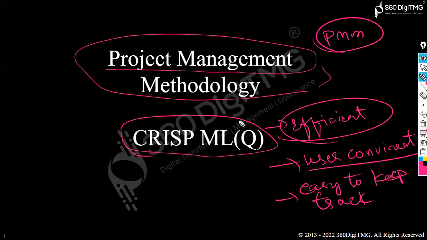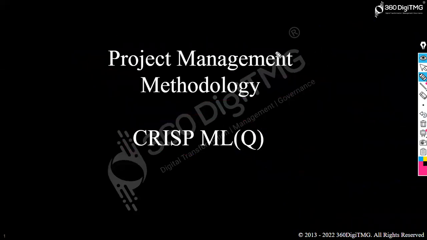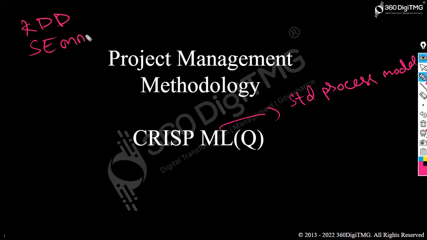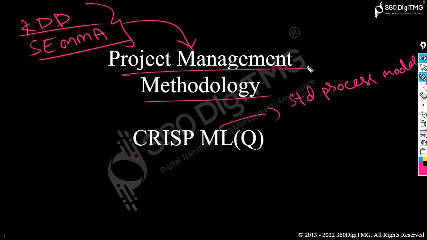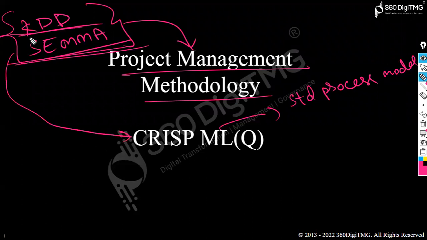Over time, the community with respect to machine learning has come up with a standard process model, because earlier we had KDD and SEMMA as project management methodologies. So CRISP-DM is the combination of both KDD and SEMMA.